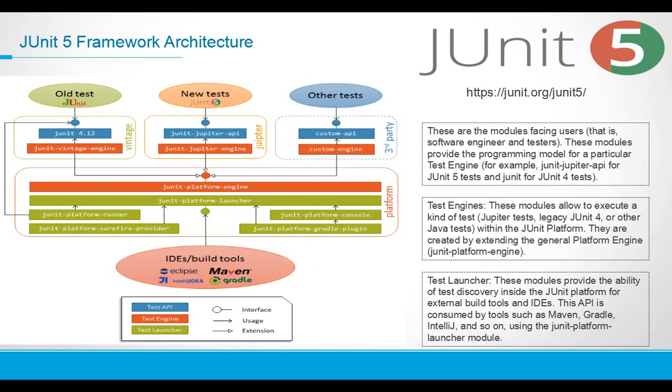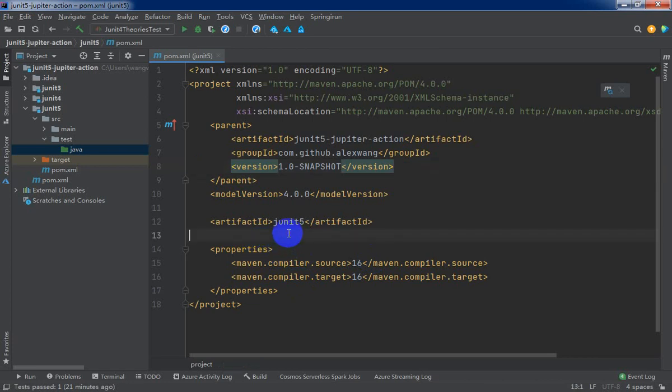Okay, I already created the new Maven module named junit5, and we wanted to use JUnit 5 to write the test code, so we should add the dependency into our POM file.